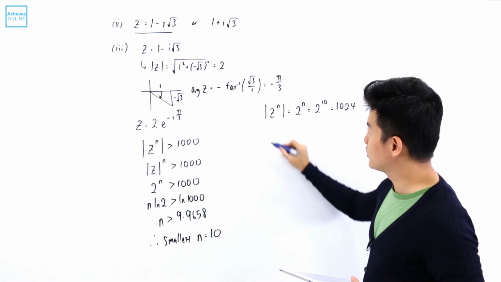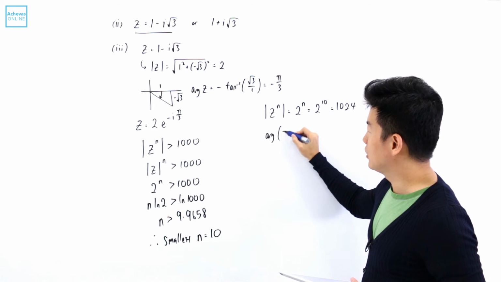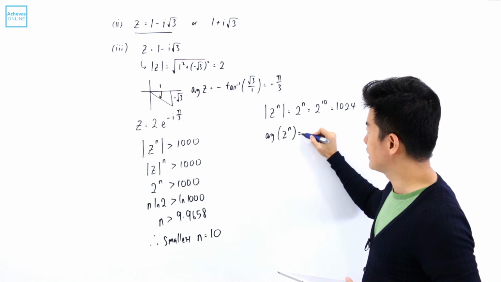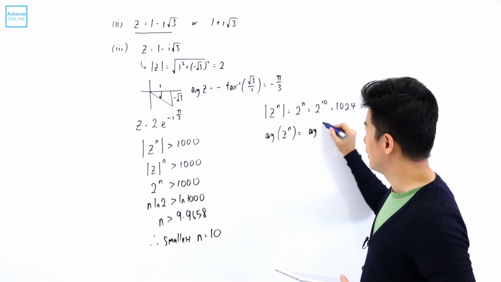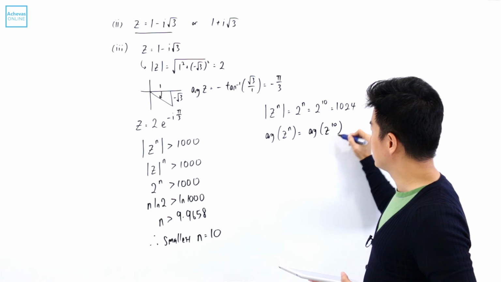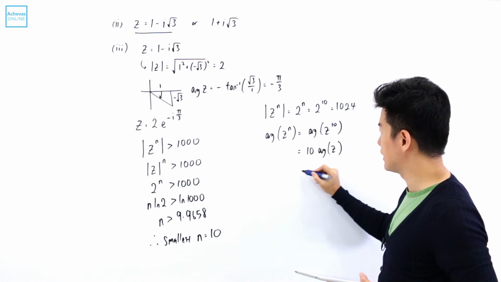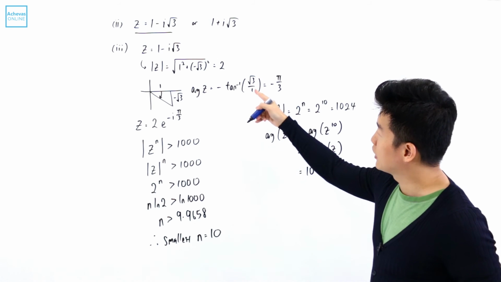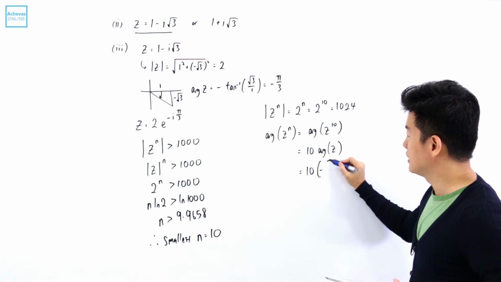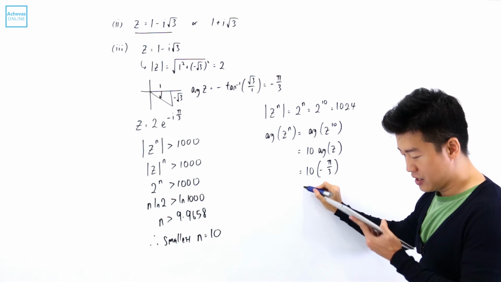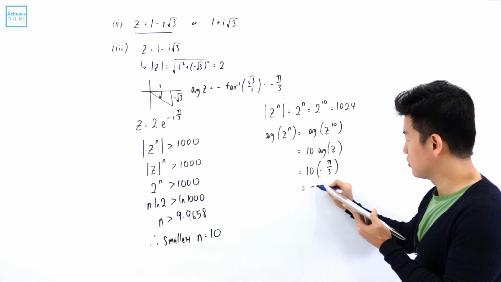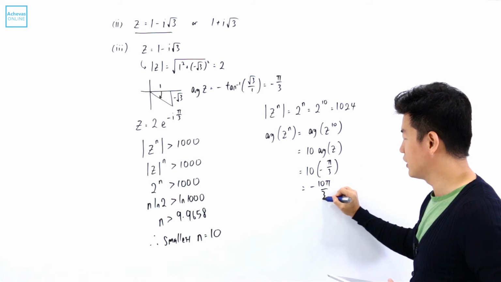When n is equal to 10, the argument of z to the power of n is the same as the argument of z to the power of 10. It is 10 times the argument of z, which is 10 times minus pi over 3. And this is going to be equal to minus 10 pi over 3.